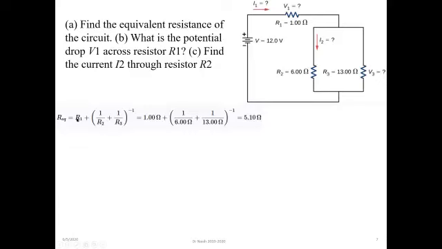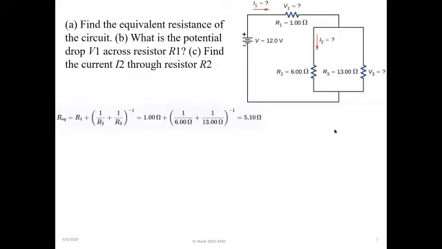As you see, R1 is in series with the result of R2 and R3. As you can calculate, the equivalent resistance will be 5.10 ohm for the whole circuit.